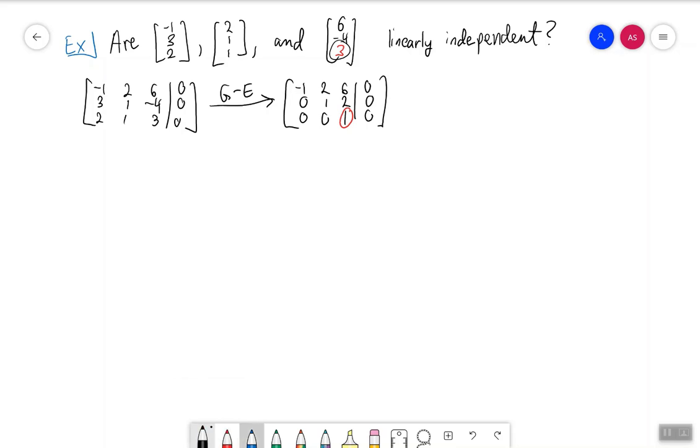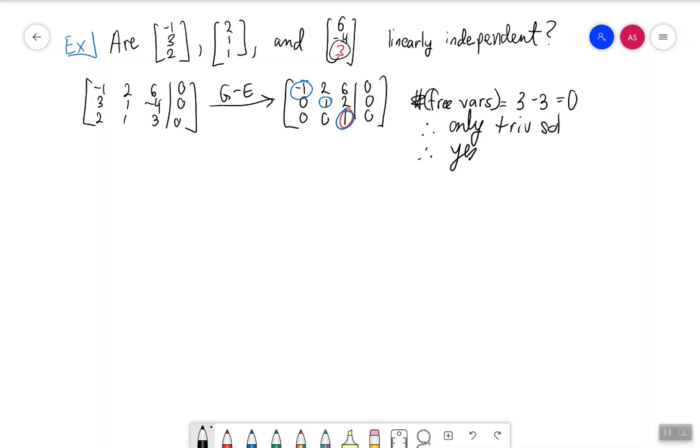Okay, how many free variables? We have 1, 2, 3 leading variables, and so the number of free variables is 3 minus 3 equals 0. So therefore there's only the trivial solution, and therefore indeed they are linearly independent.